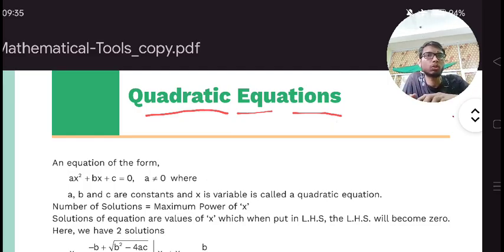Do you know that it is a mathematical tool for physics? Quadratic equation is necessary for physics. You will be understanding this for physics as well as for mathematics. I don't know what your purpose is for watching this lecture.